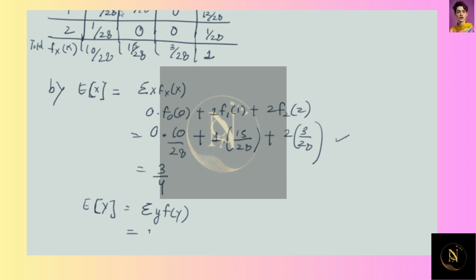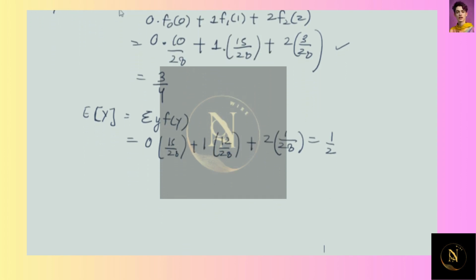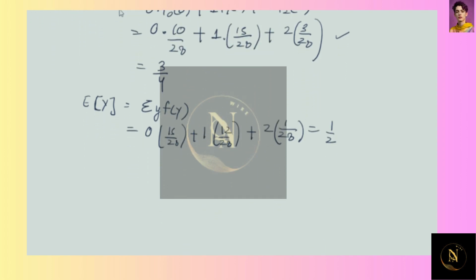So this would be equal to 0 multiplied by 15 by 28, then 1 multiplied by 12 by 28, and last but not the least 2 multiplied by 1 by 28. Finally its answer would be equal to 1 by 2. So this is our EY. Now we need to find the variance of x and y.